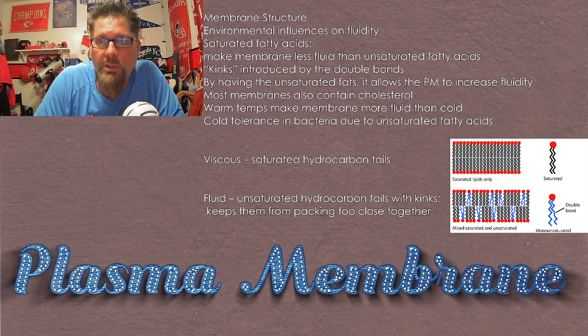You can see there's a picture over on the far right. If it was just saturated fat tails, you can see how dense that is. Viscosity would be low. The tails would keep everything nice and tight, and things would struggle to get through.